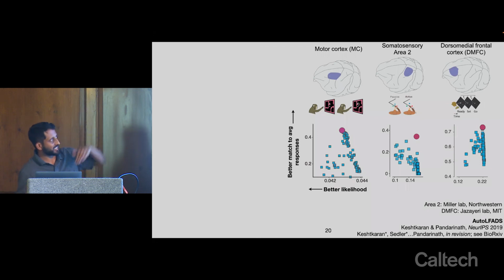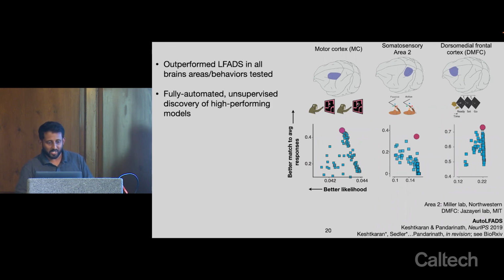So look at the y-axis here. In every case, the system outperforms the previous method. So this outperforms LFADS in all brain areas and behaviors tested. That's motor cortex, somatosensory cortex, dorsomedial frontal cortex, that's a cognitive area. And it's completely automated, meaning without knowing how the system works, you can drop in data and just hit go and things work.